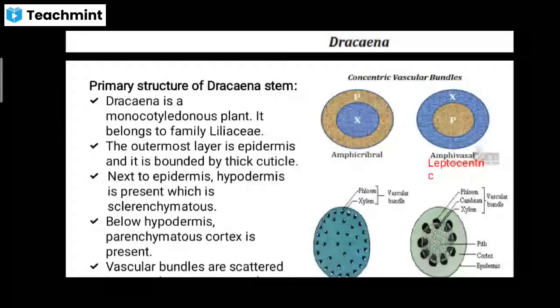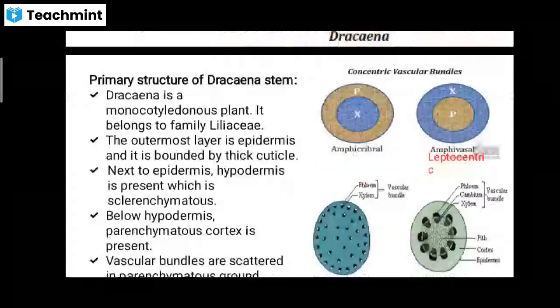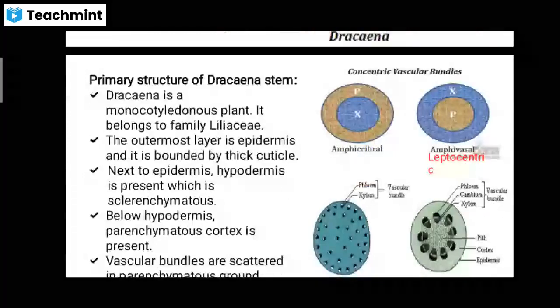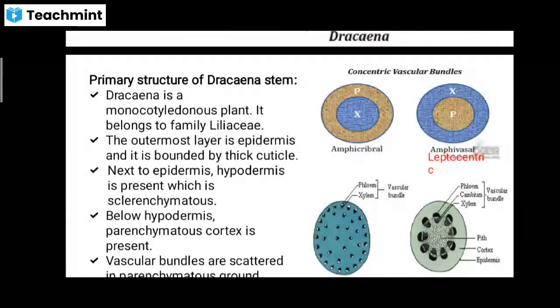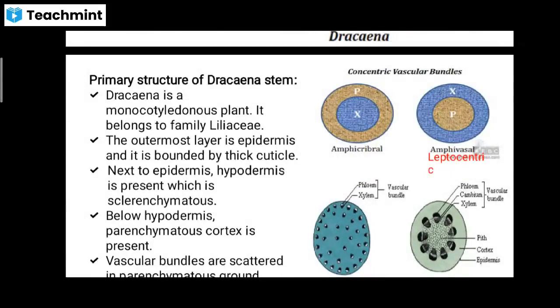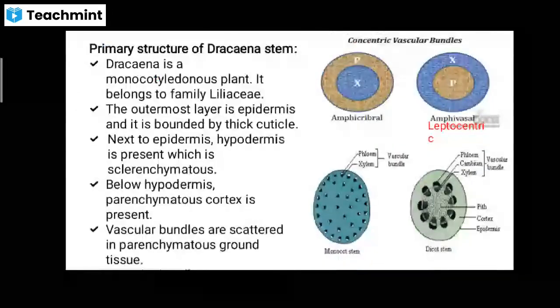Okay. So first of all, we discuss the primary structures of the Dracaena stem. As you know, Dracaena comes under the monocot, which is characterized by the scattered type of vascular bundles. Dracaena belongs to the family Liliaceae.